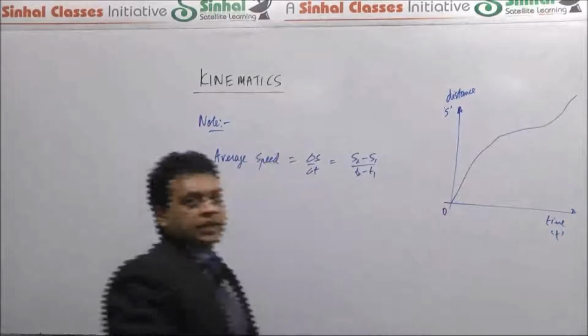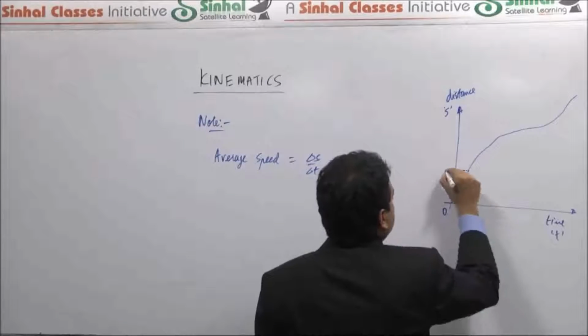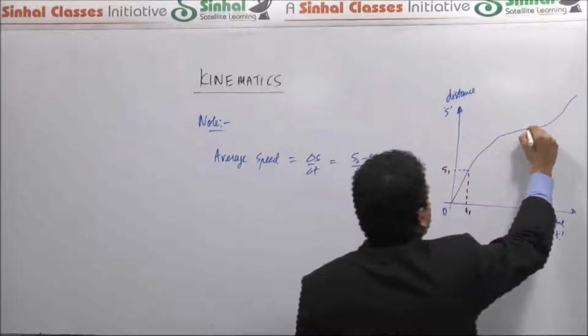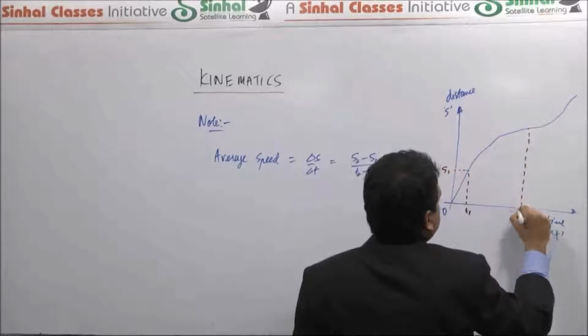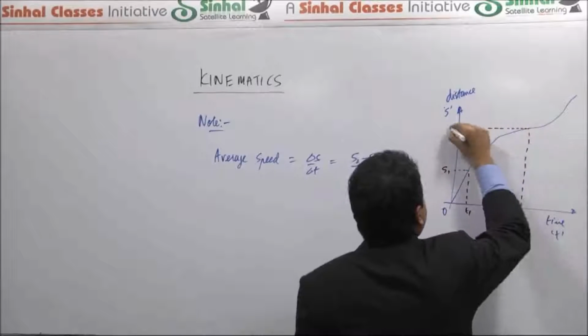Suppose that is our distance versus time, and at a particular time t1, the distance is s1, and at another particular instant, time is t2, the distance is s2.